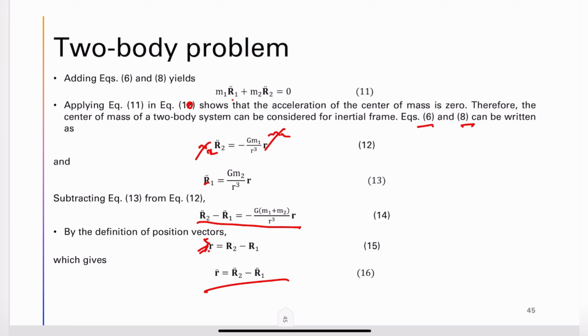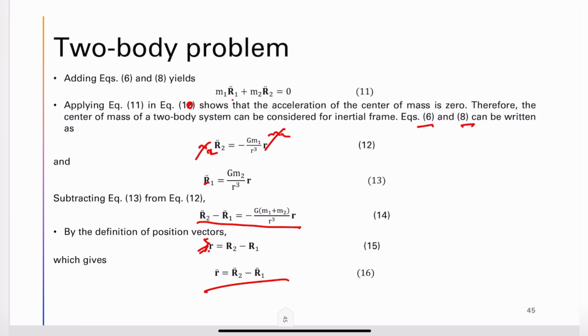So when I subtract equation 13 from equation 12, I have r2 double dot minus r1 double dot is equal to minus G (m1 plus m2) divided by r cube into r.